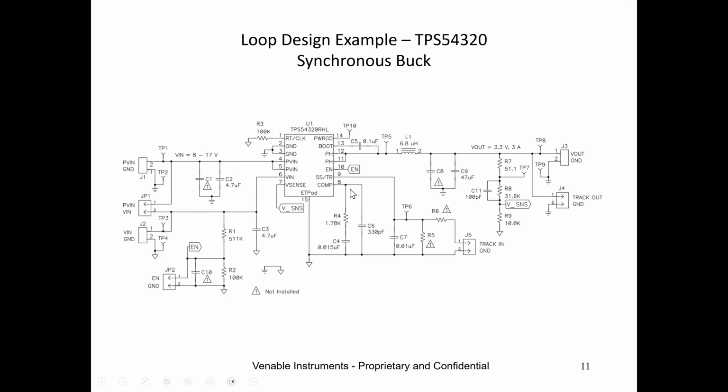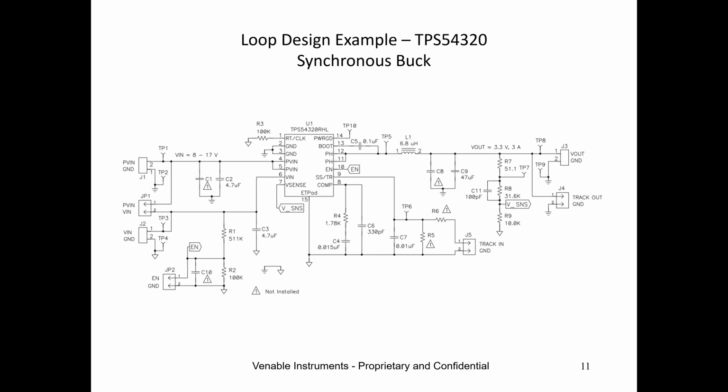And then if you were going to measure the power stage, you would connect the channel here on the comp pin, which is the output of the error amp. This particular error amp is a transconductance error amp, so all the compensation is on the output of the amplifier.